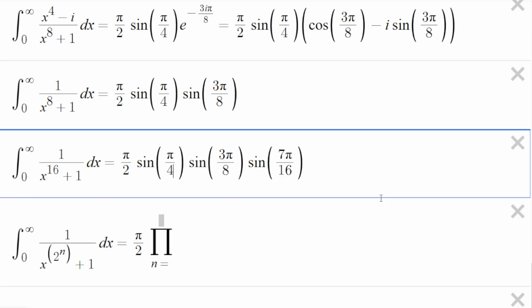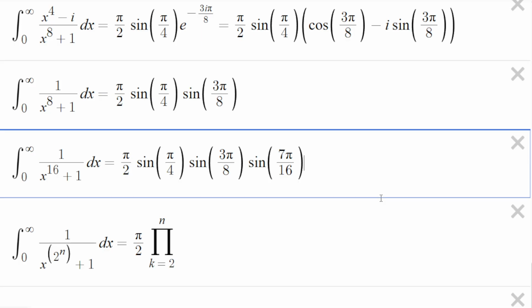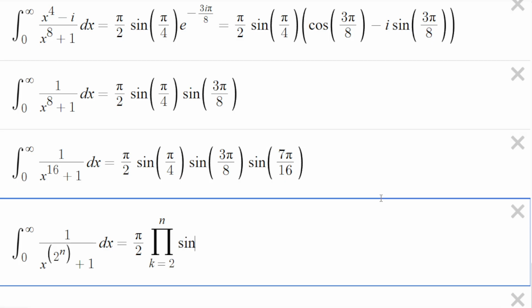It starts at, let's see, the thing in the denominator is 4. So we're going to have to start our k at 2, and we're going to be going up to n. And what we're going to have inside is a sine of pi over 2 to the k power.